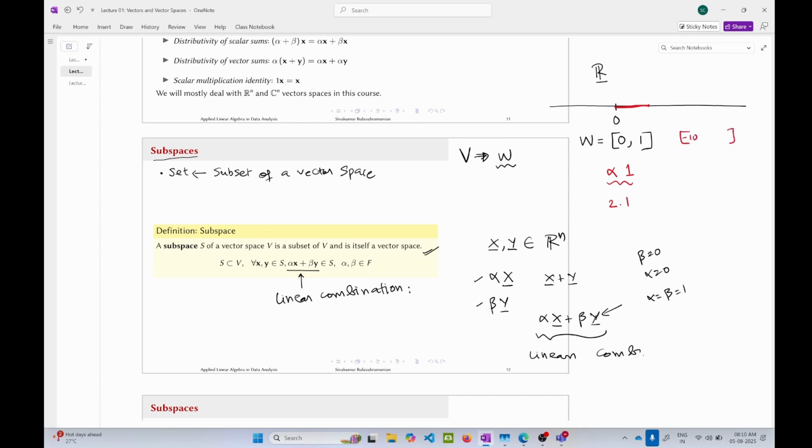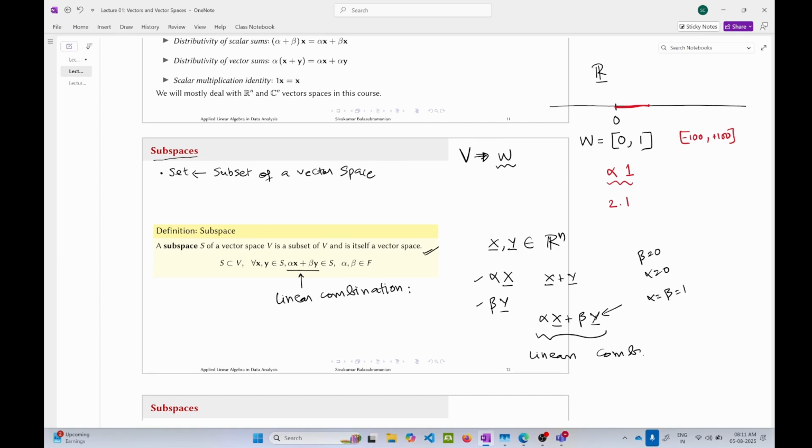I choose another one. Minus 100 to plus 100. Is that a vector space? 0 is there, so you have to do the test. The 0 element is there because it includes 0.